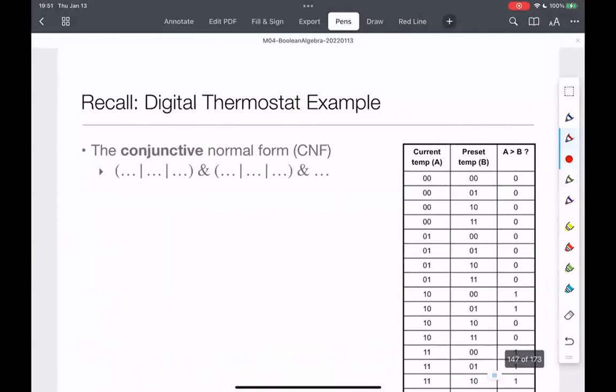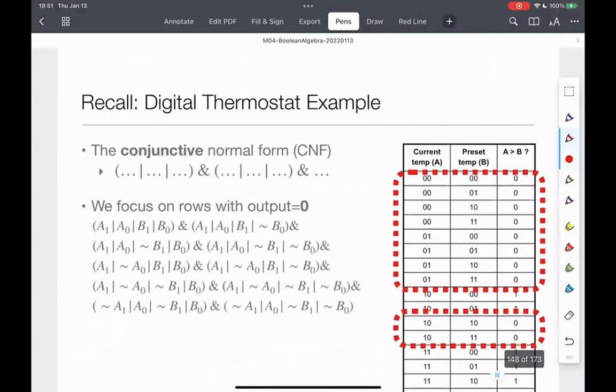I could also write it in conjunctive normal form, and the idea in this case is that I'm going to focus on the places where the function is not true. So what we will say is, which are the places when the function is false.